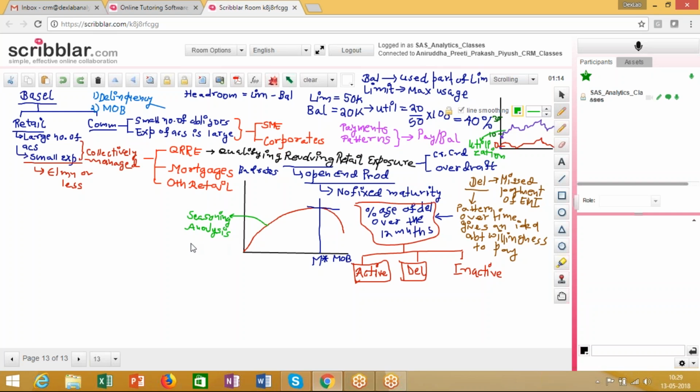So from here, one important thing that we need to understand is what are the key variables which would help us identify the riskiness of a borrower or would help us assess the behavior risk of a borrower for credit cards. Key variables for QRRE.